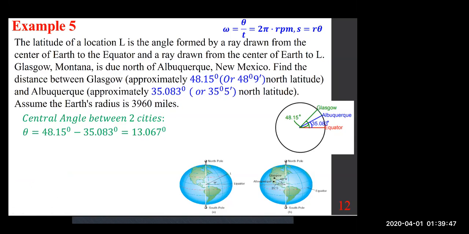We are interested in finding this arc length. Do you see that, everybody? This arc length, okay? And this arc length is S equals R theta. And anytime you want to use that, theta must be in radians. So right away, you change the degrees to radians. That shouldn't be a big deal to anyone.